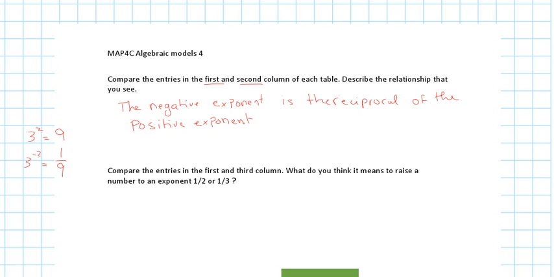And then if we want to compare the entries in the first and third column, we said that the third column is the root, right? You guys saw that, and you said that the exponent half is actually the square root.